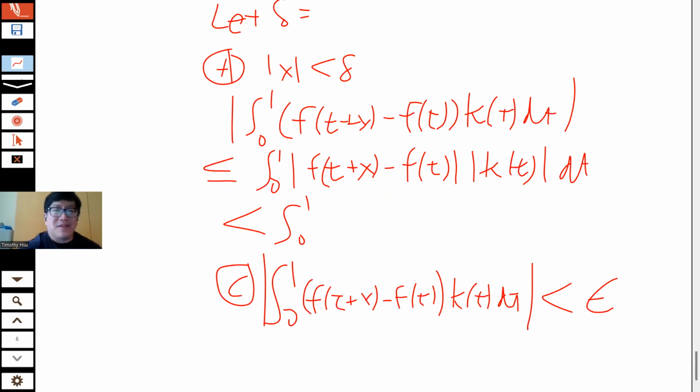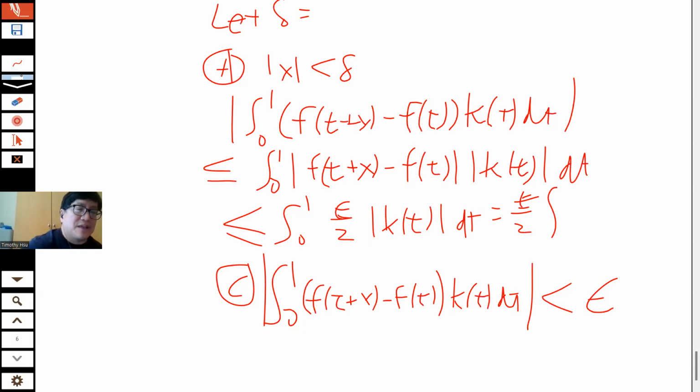I'm a little nervous about this sort of thing, so I'm going to do overkill. I know that if I replace this with an epsilon over 2, I don't have to think about it. I just put it less than or equal to, that's fine.